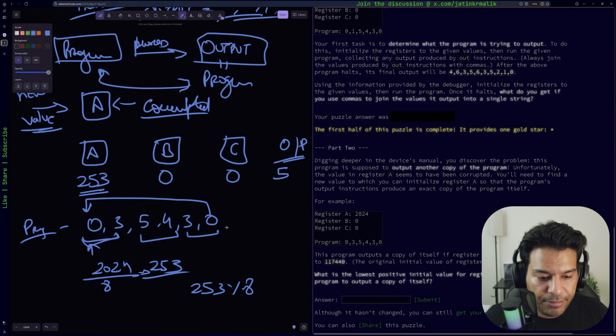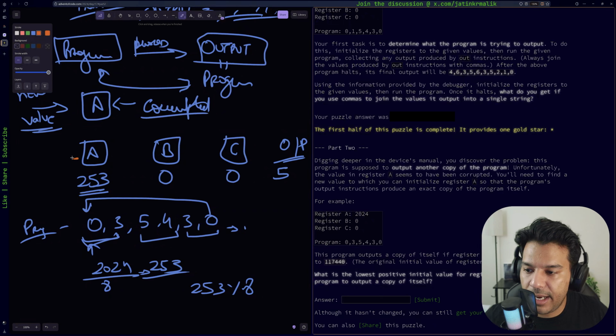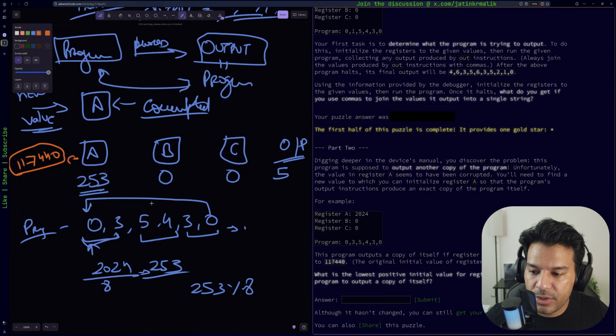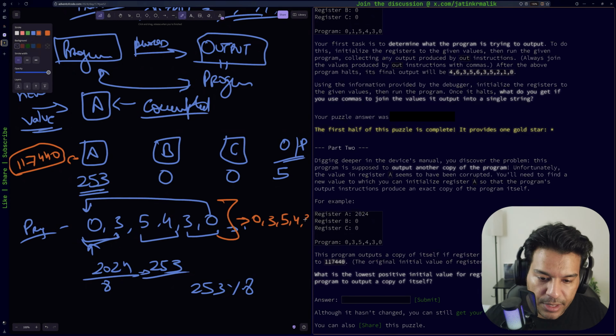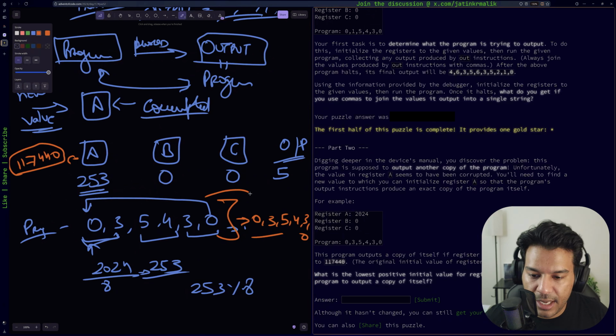And it says that this produces a copy of itself if register A is instead initialized to 117440. So if we somehow change the value of A to 117440, when we run this program, it is going to give us an output which will again be 0, 3, 5, 4, 3, 0, which is the same as the input that was given.